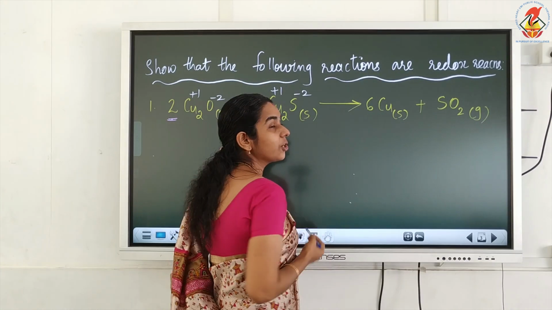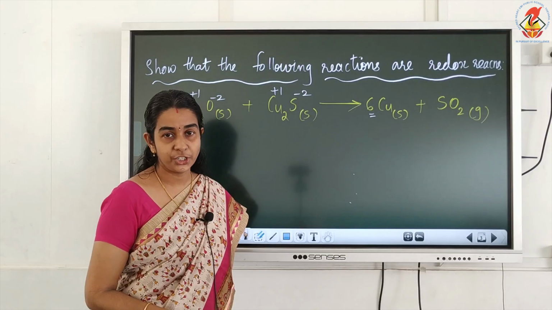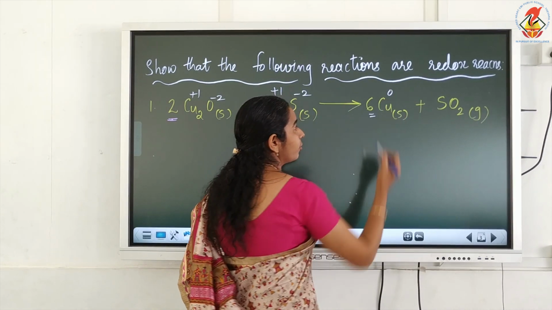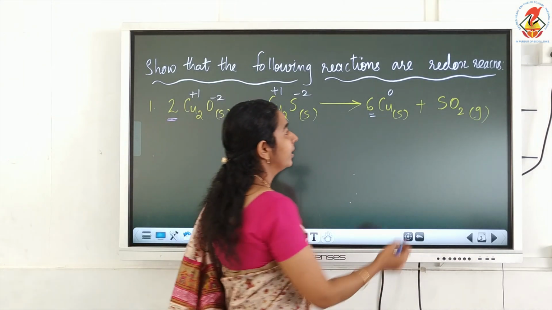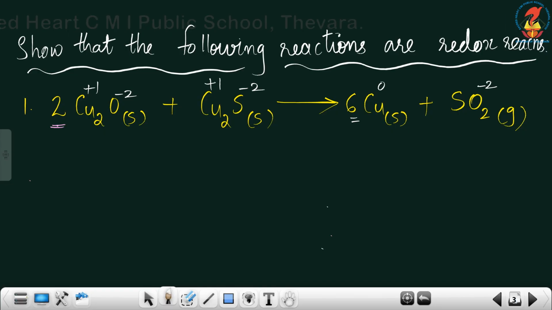Now, here we have 6 copper, but the 6 has no significance when we assign the oxidation number. Here copper is in the free state, so the oxidation state or oxidation number is 0. Now, again SO2, oxygen, we know that it is -2. Here we have 2 oxygen atoms, so -2 into 2 is -4.